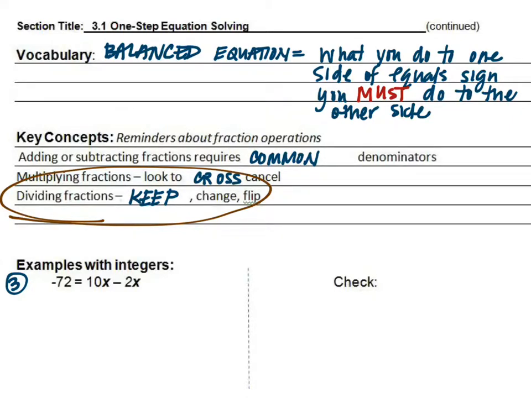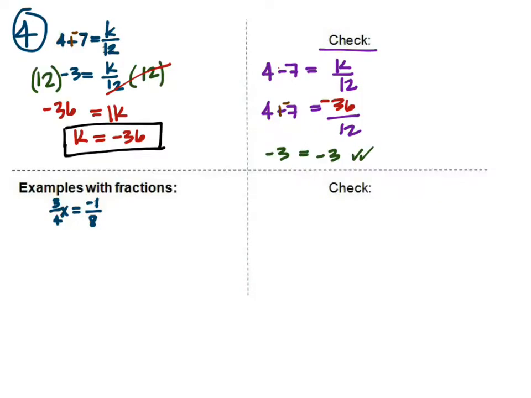So when I take a look at this then, I'm going to want to multiply by the reciprocal on both sides. So let's go ahead and do that now. To multiply the reciprocal on both sides, I'm going to multiply by the reciprocal, 4 over 3. Now that's really nice for us because I don't have to worry about this side over here.